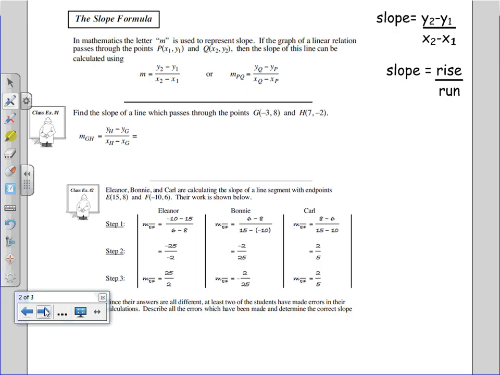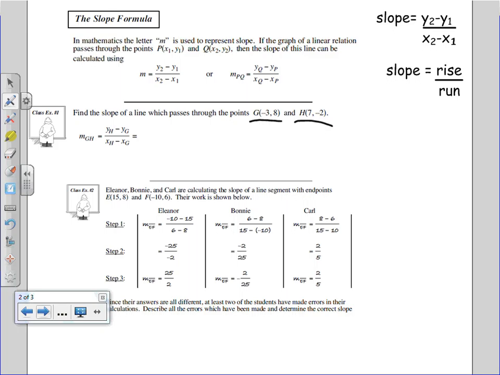So we use the letter M to represent slope. So you don't always have to write out slope is equal to. Find the slope of a line which passes through these 2 points without drawing it out. How do you do it? What goes on the top?